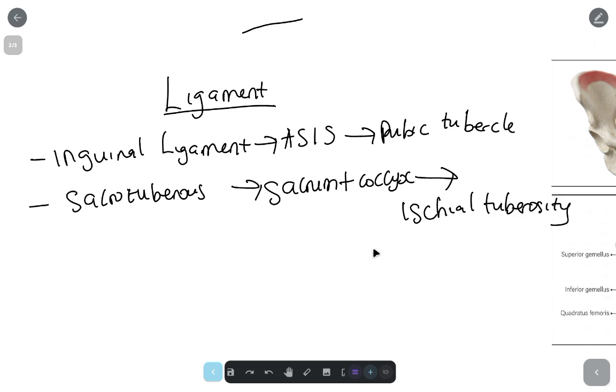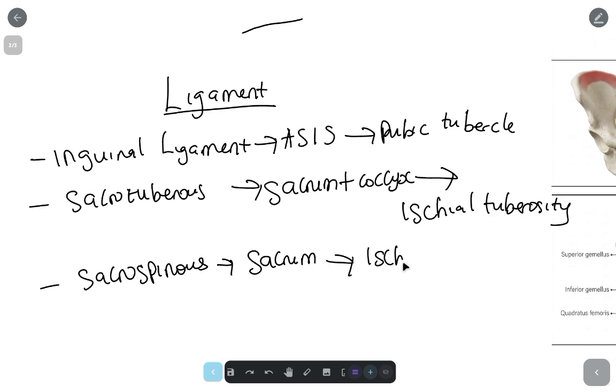And spinous, it is a spine. Which spine? The ischial spine. So the sacrospinous ligament originates from the sacrum and it inserts at a spine called the ischial spine.